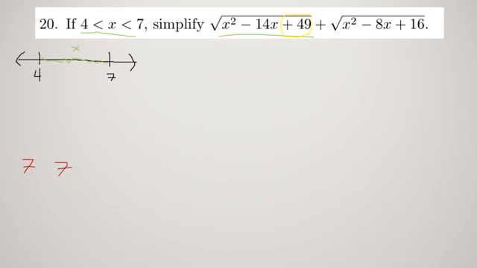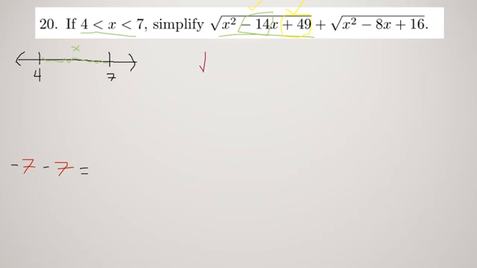Pero, yung middle term niya, look at its middle term, negative 14. So, ibig sabihin, negative yung both factors niya. Negative 7 times negative 7, positive 49. So, check. Negative 7 minus 7, negative 14. So, dalawang conditions ay nasatisfy.